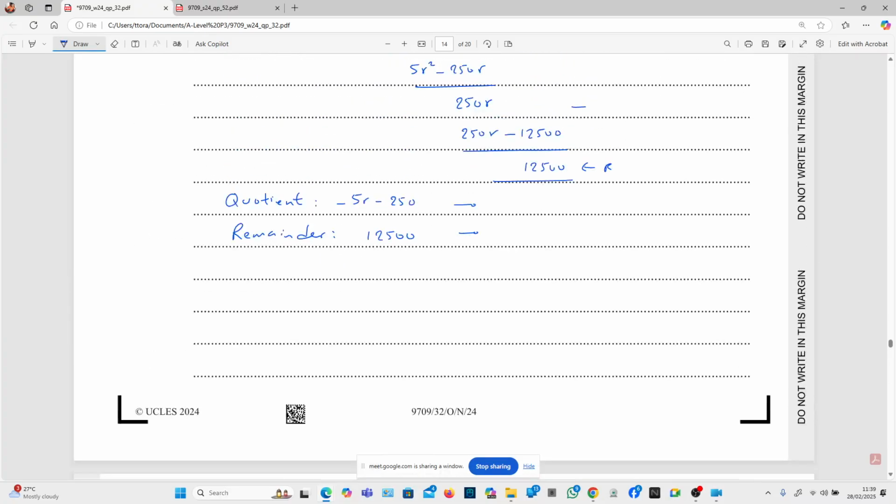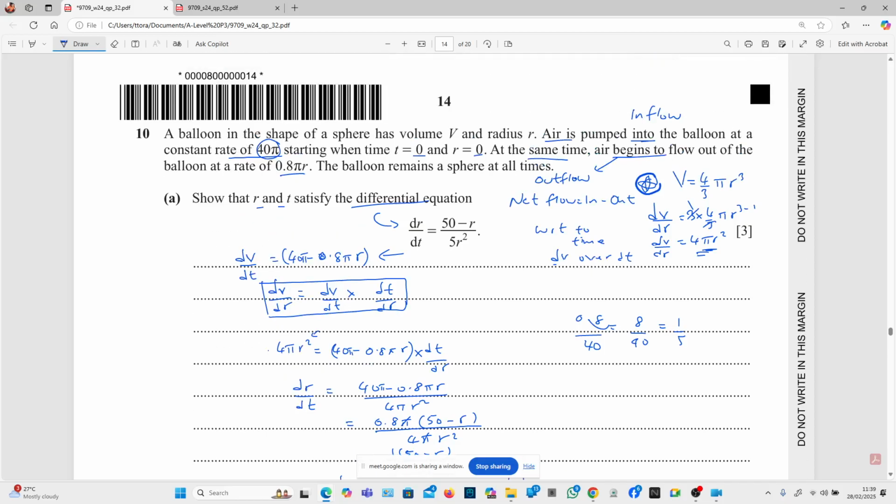The question at the beginning said: a balloon is in the shape of a sphere, and air is pumped into the balloon at a constant rate starting when the time t is equal to 0 when r is equal to 0. So t is equal to 0 when r is equal to 0.